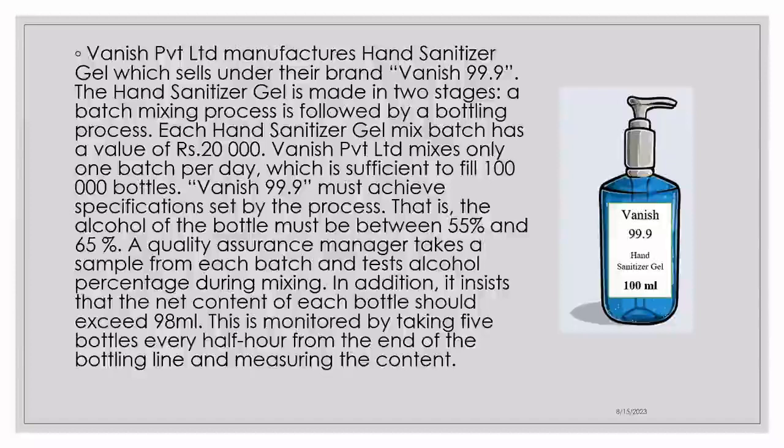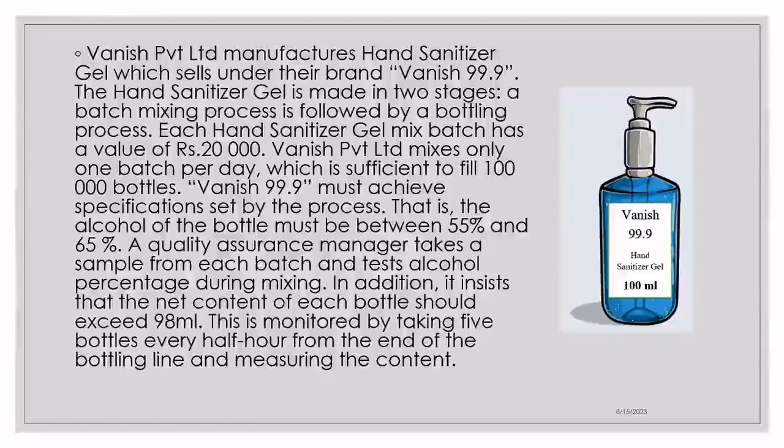This is monitored by taking 5 bottles every half an hour at the end of the bottling line and measuring the content. There is no way to check the content until the bottling process.